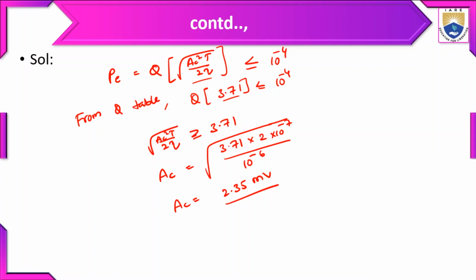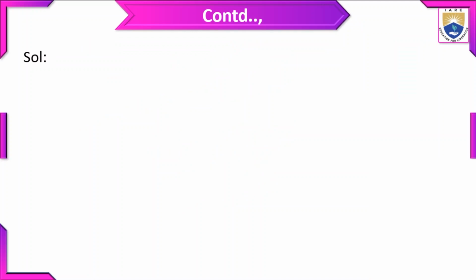And another parameter which they ask in this problem is the bandwidth. What is the channel bandwidth? First, let's find the minimum average carrier power.